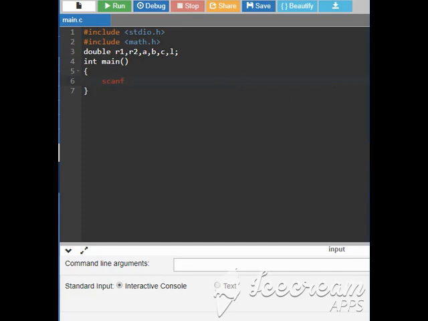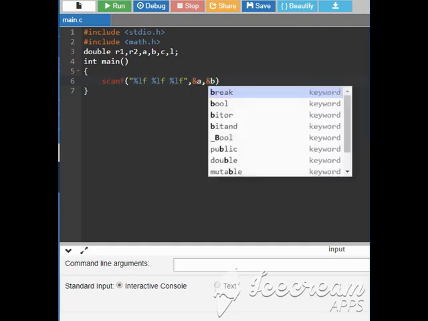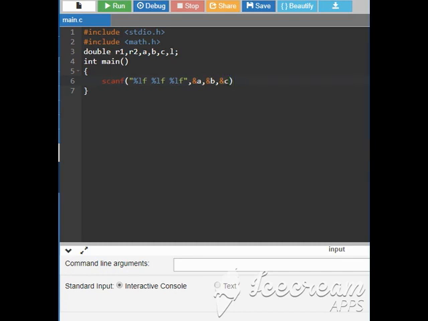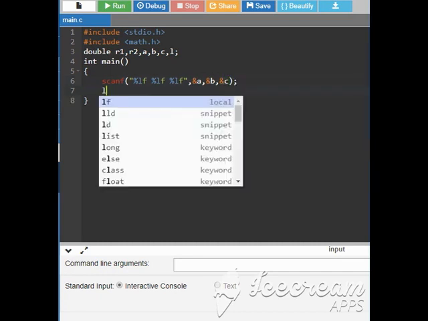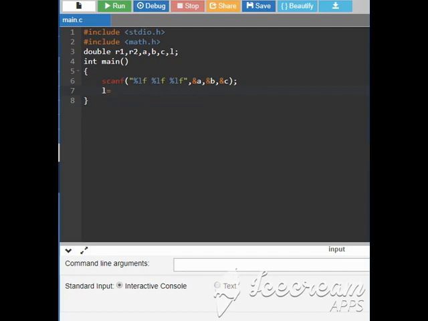So scanf, %lf, %lf and %lf, for A, B, and C. So I'm using L to represent the value under the root.